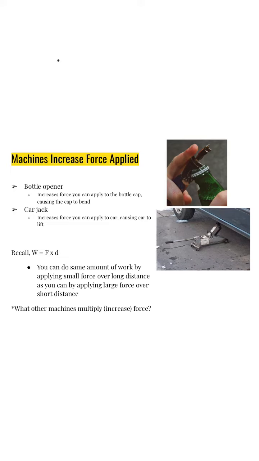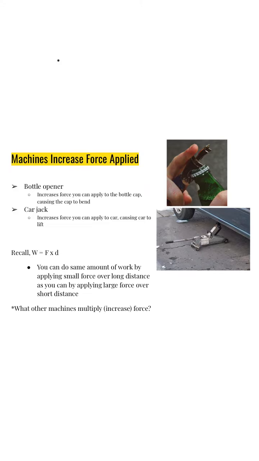Remember that work equals force times distance. For some objects, the way they increase the amount of force that you can apply is that the same amount of work can be done by either applying a small force over a long distance or a large force over a short distance.